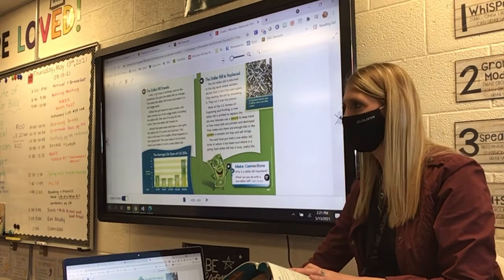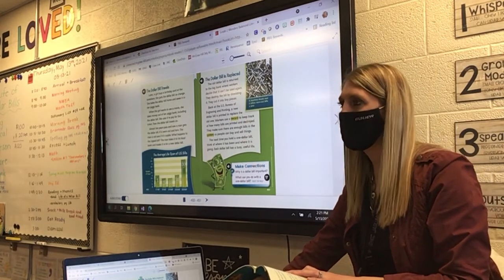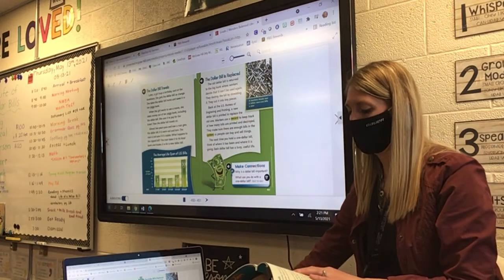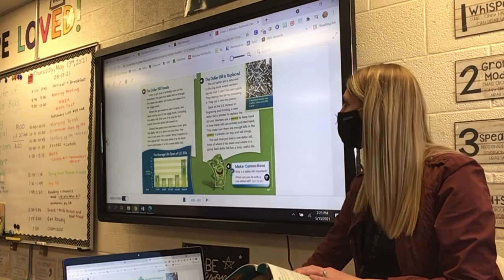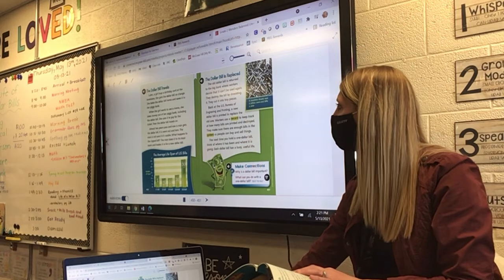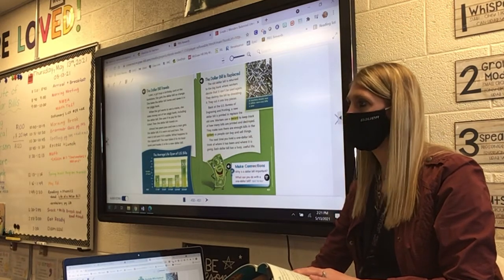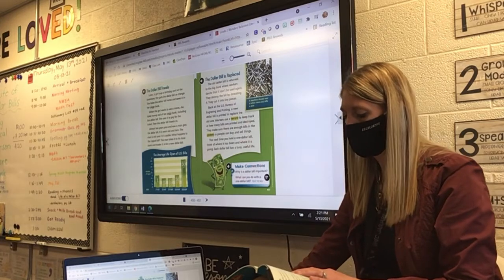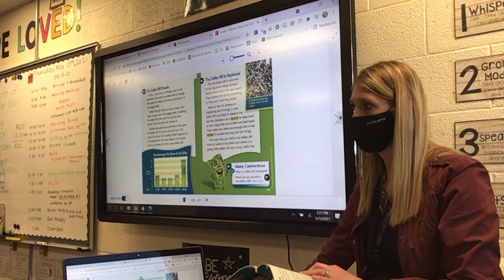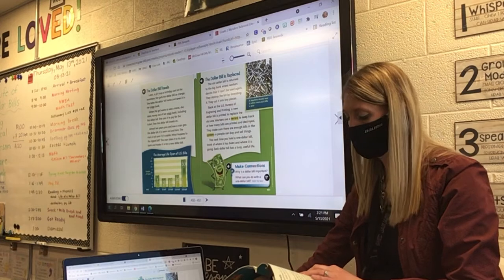Bureau. It's a very hard word. Of Engraving and Printing. Engraving and printing a new dollar bill is printed to replace the old one. Keep going.